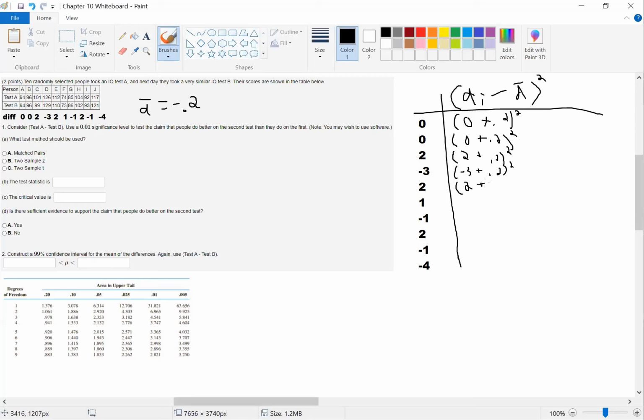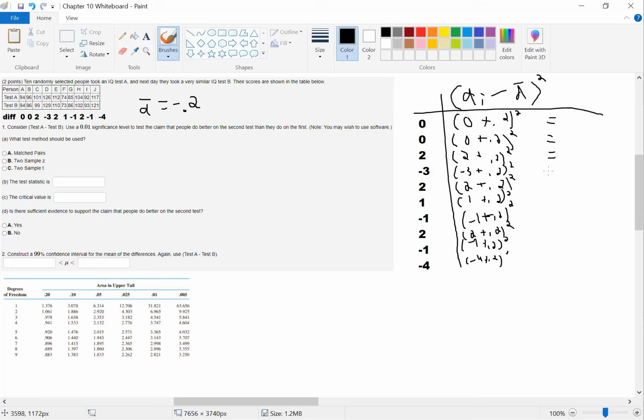I will just write it out because I'm 90% sure that everyone here can read. Unless someone raises their hand, I can make that 100% confident. Almost there. And -4 plus 0.2 squared.